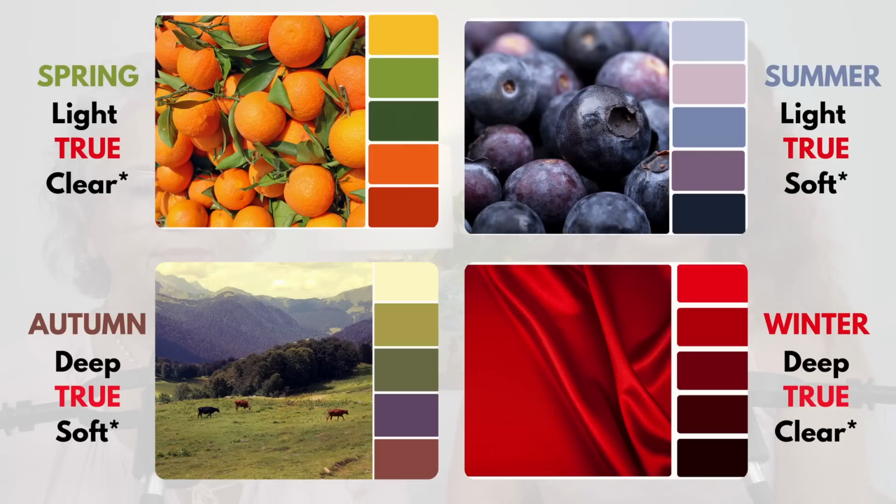They are just a different terminology used, but they are not referring to the 4 palette system. So I know that gets a little tricky, because if you were to hear someone say, oh, well, I'm a true summer, that doesn't mean I just fit into the 4 palette system and I'm a summer. No. Not so. That is referring to the 12 palette system as one of the middle designations.